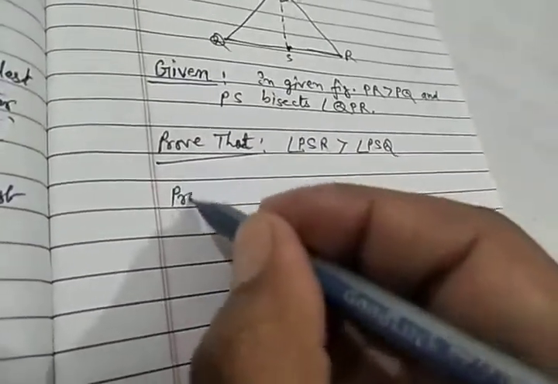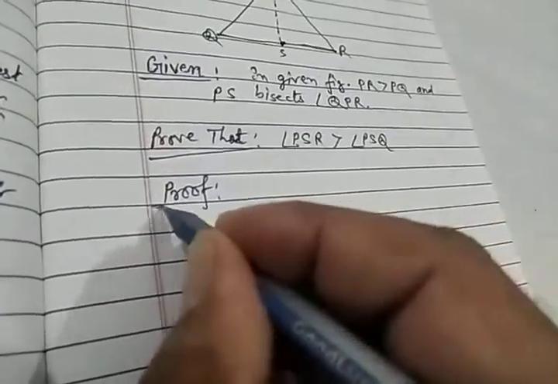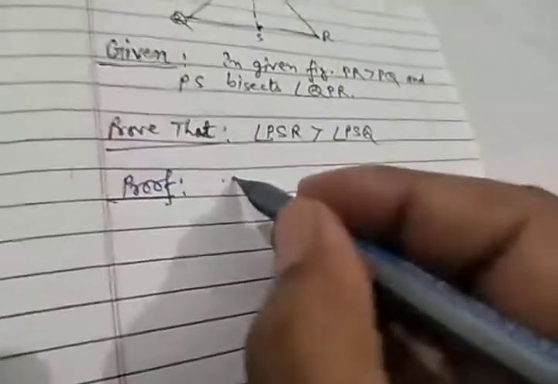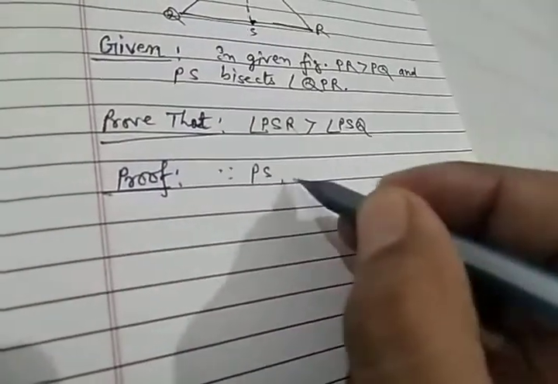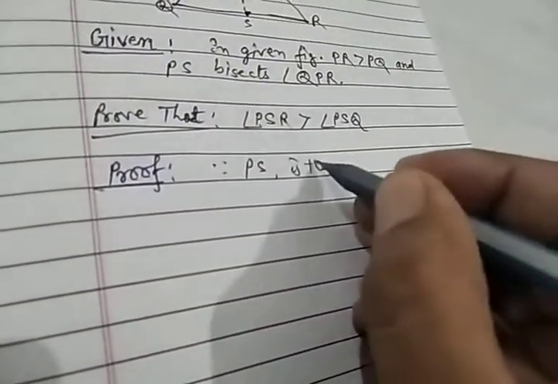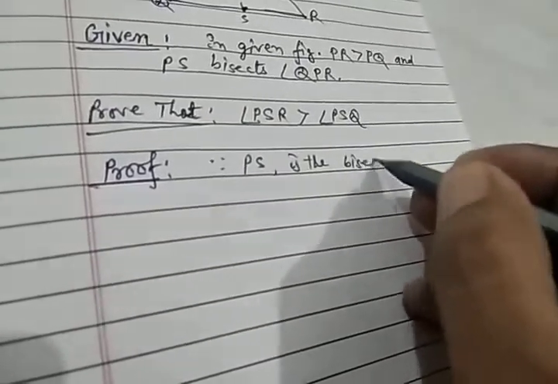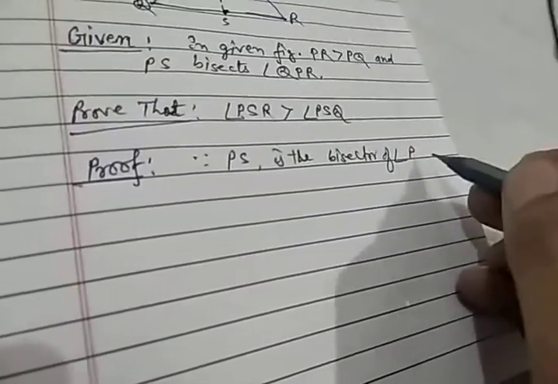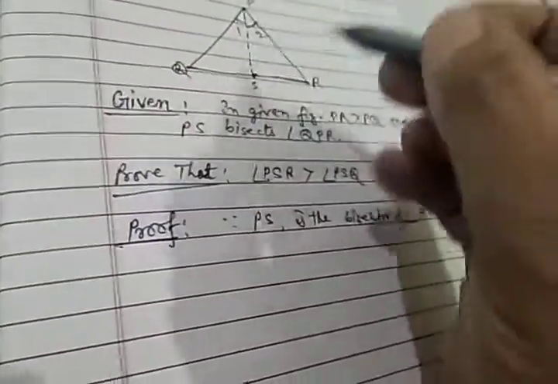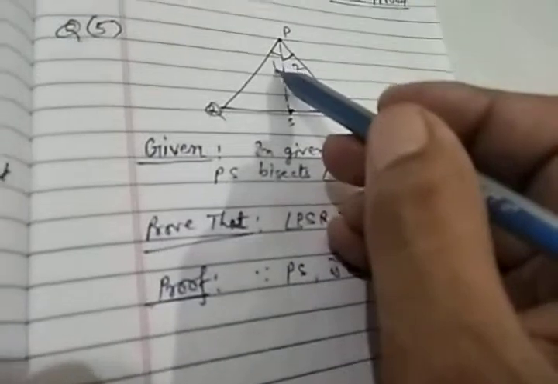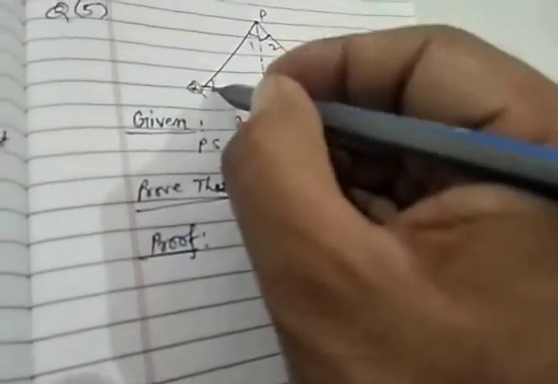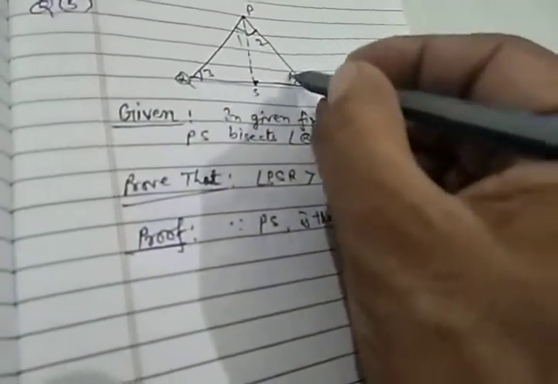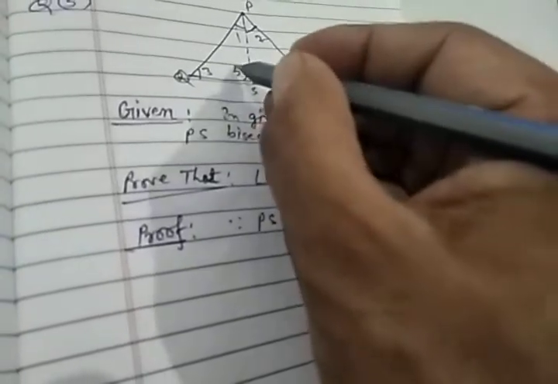Proof. We have given PS is the bisector of angle P. You can take angle 1, angle 2, angle 3, angle 4, angle 5 and angle 6.